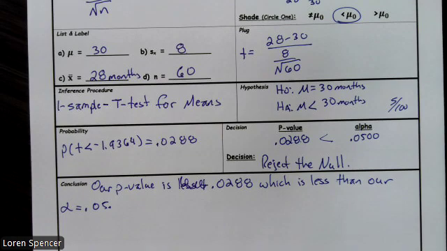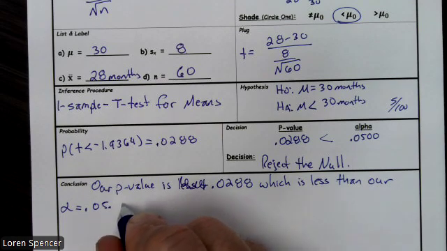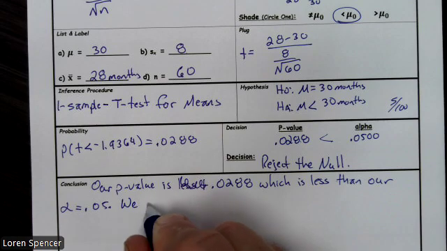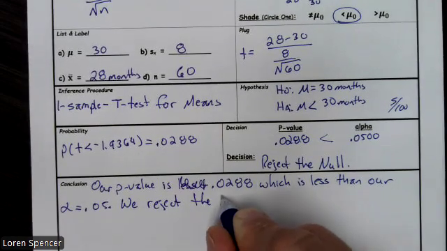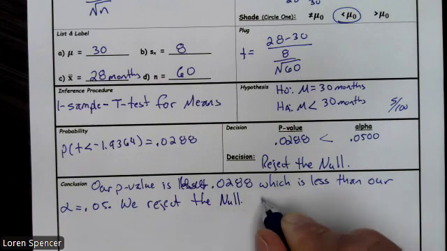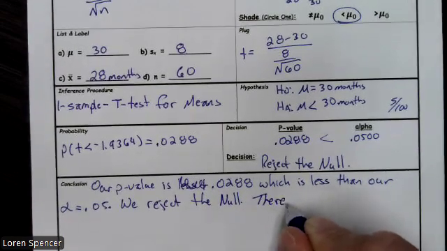All right, so we made the comparison. So our decision is we reject the null. Why? Because we have enough evidence.